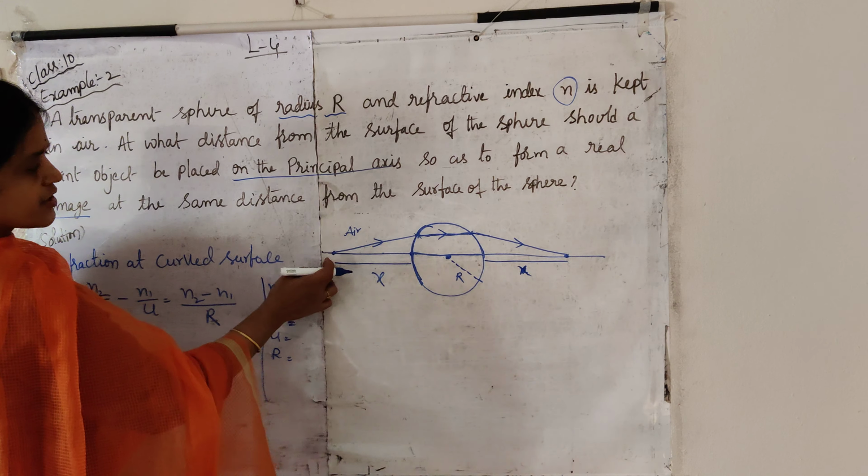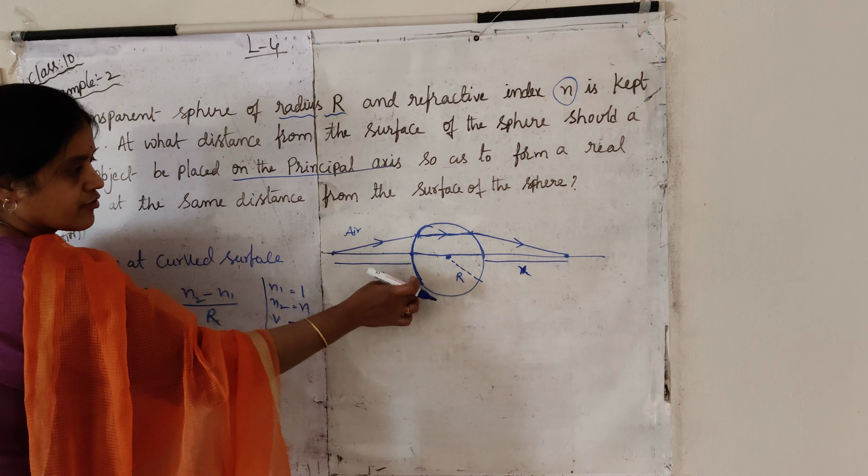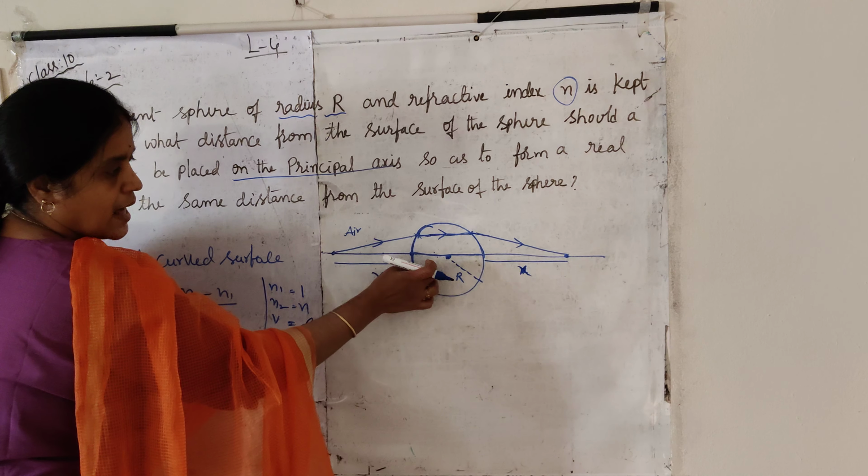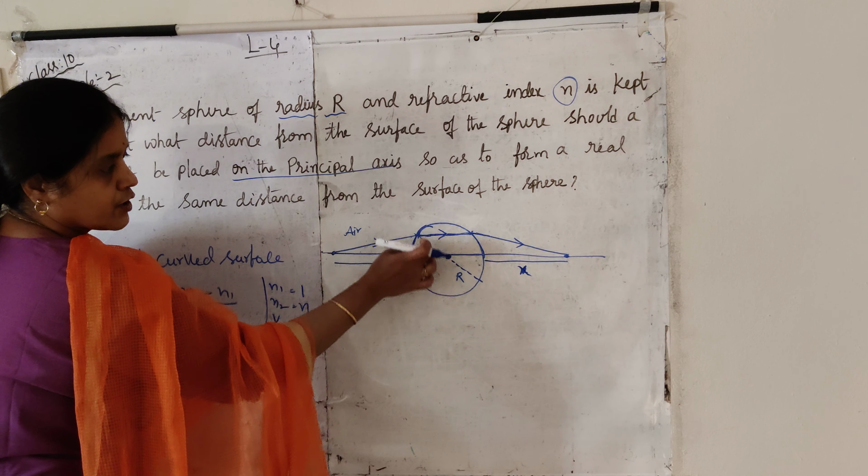When the refracted rays are parallel, we'll get the image at infinity. Due to this reason, we'll take it as V value. Don't take this value. Here at this surface, when the refraction takes place, these two rays are parallel. Due to this reason, the image will get at infinity. So V is equal to infinity.